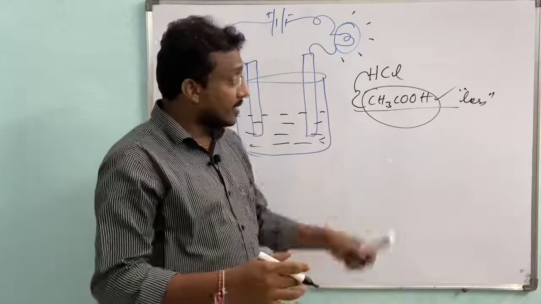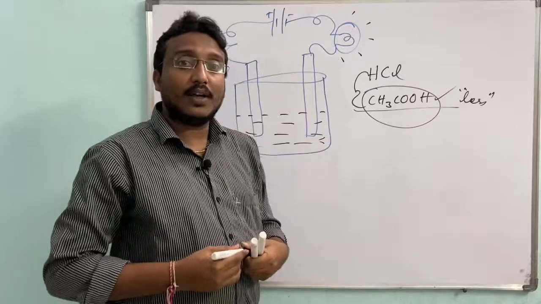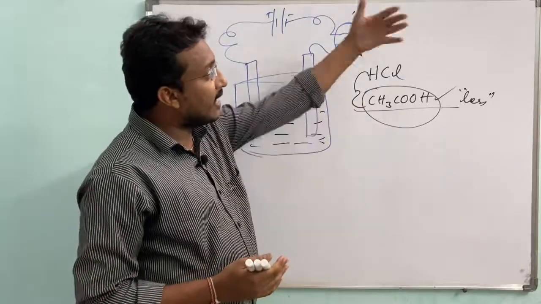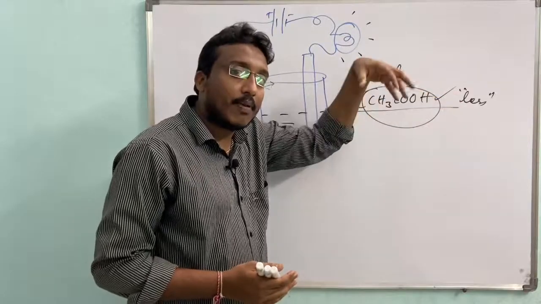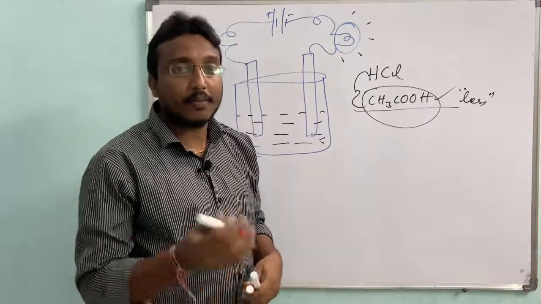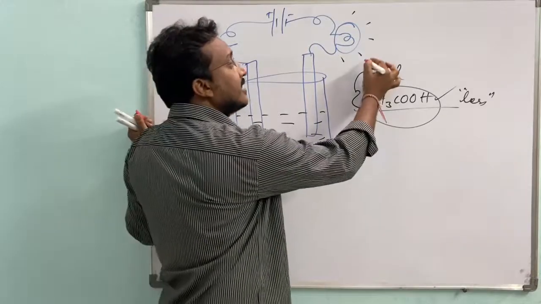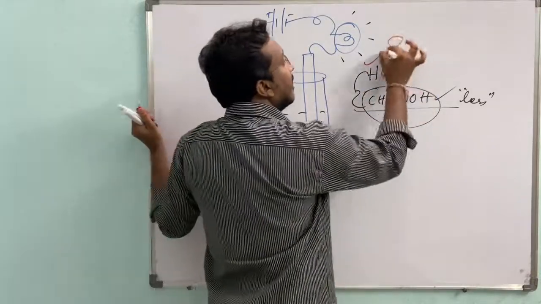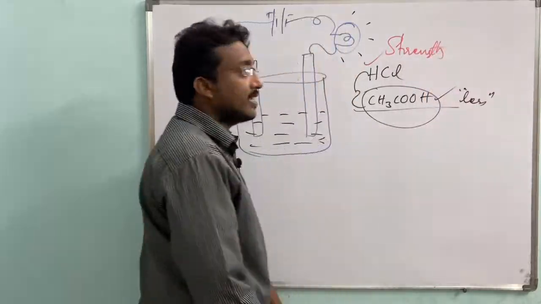Both have the same concentration, so why is the brightness decreasing with acetic acid? It means the strength of HCl is greater.